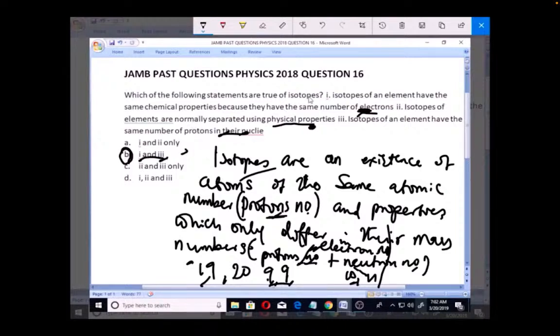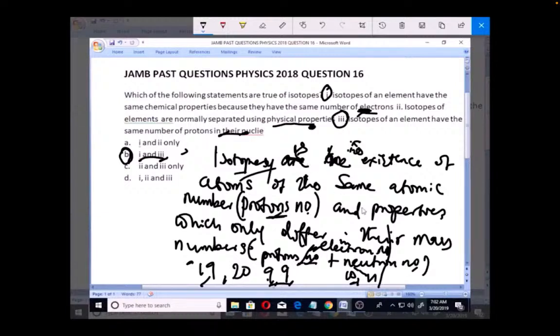So we are very sure about these two. We are very sure about I for isotopy, and we're also sure about III for isotopy. So if we use elimination method, we can easily pick option B as the right option for this, because isotopy is the existence of atoms of the same atomic number, that is proton number, and properties.